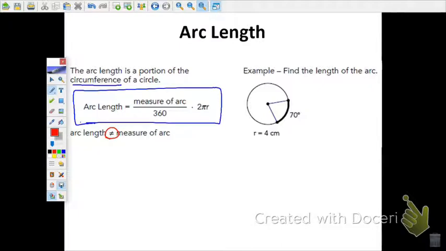So if I had a 90-degree central angle, it doesn't matter how small my circle is, I'd have a 90-degree arc. Or I could have a great big circle with a 90-degree central angle. So the measure of the arc in my small circle and my big circle is 90.